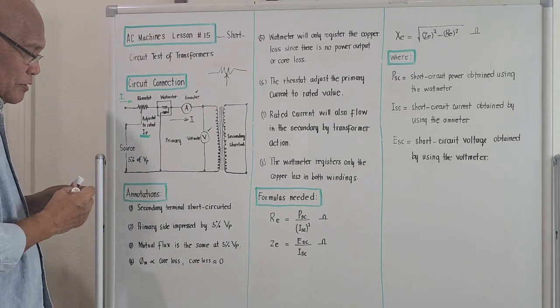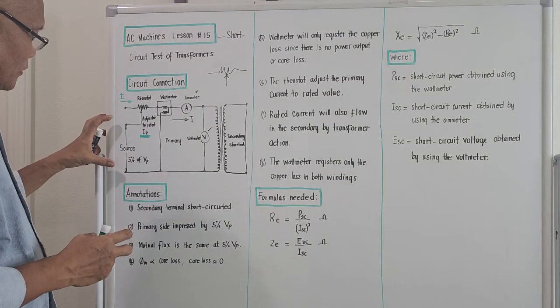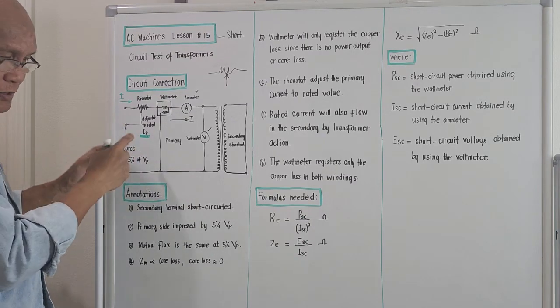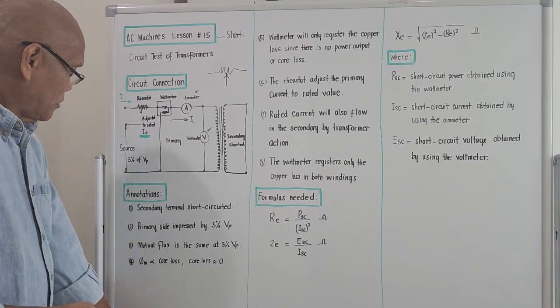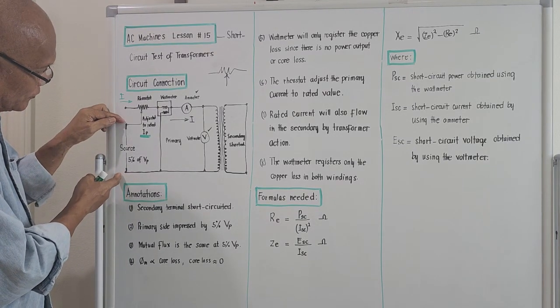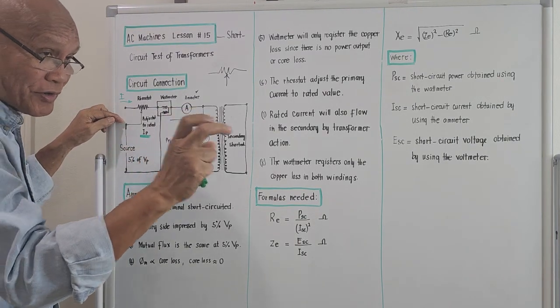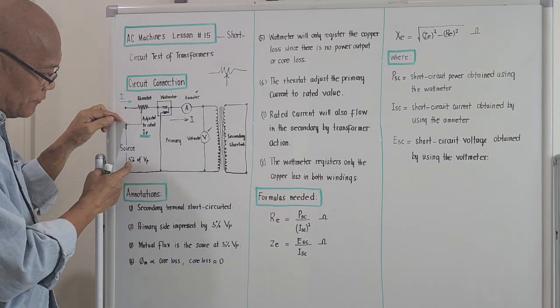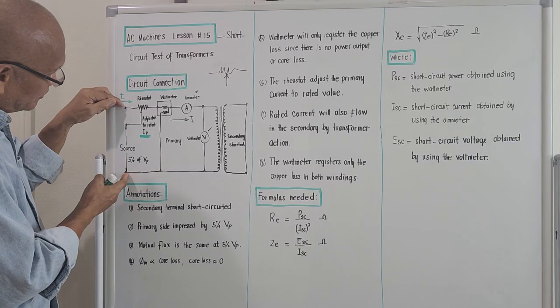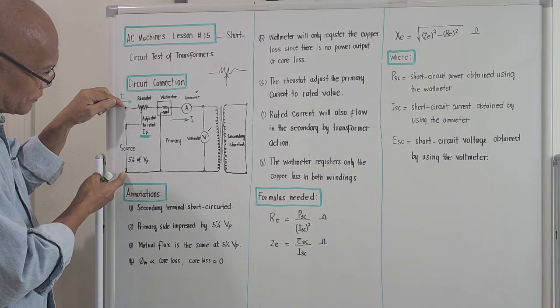Okay? So the voltage of the source that is applied is specified over here. The applied voltage here under short circuit test should only be 5% of the rated VP. Because the voltage here without the rheostat is actually VP, right?